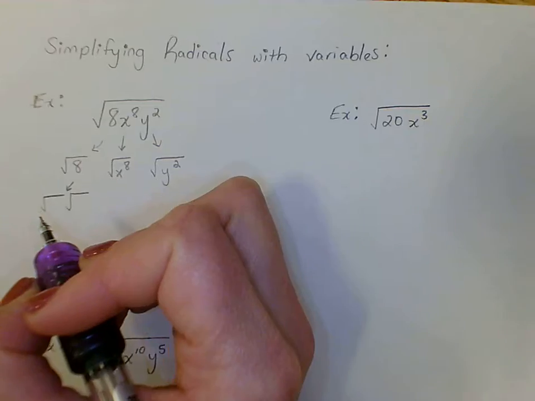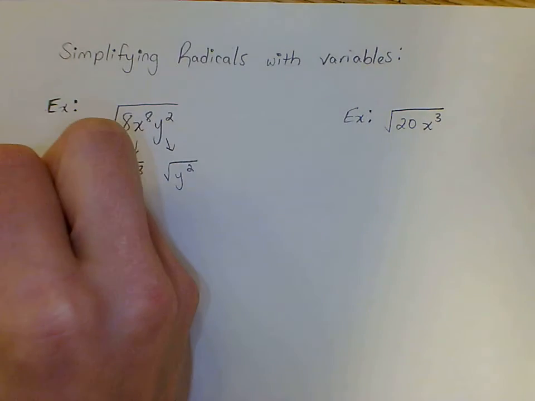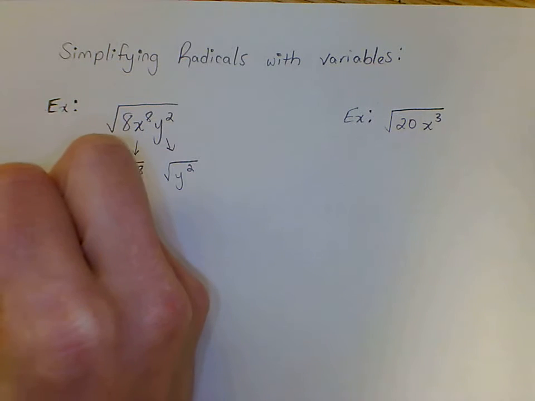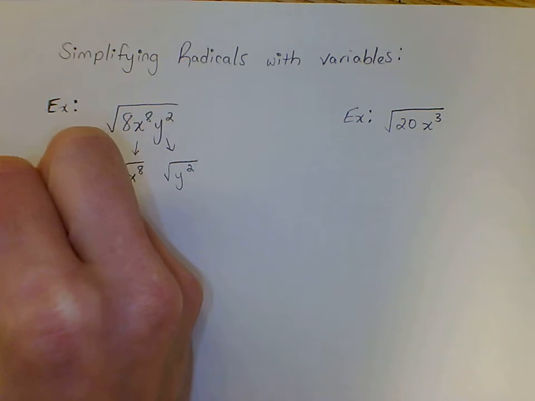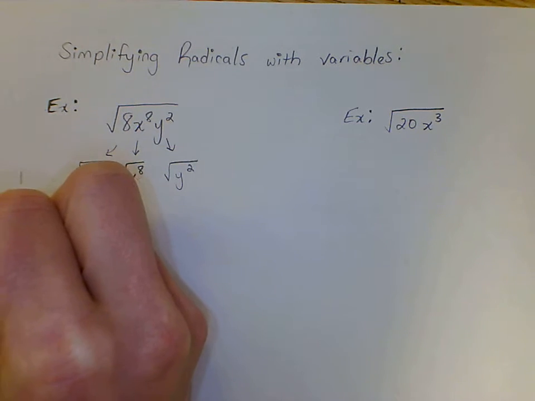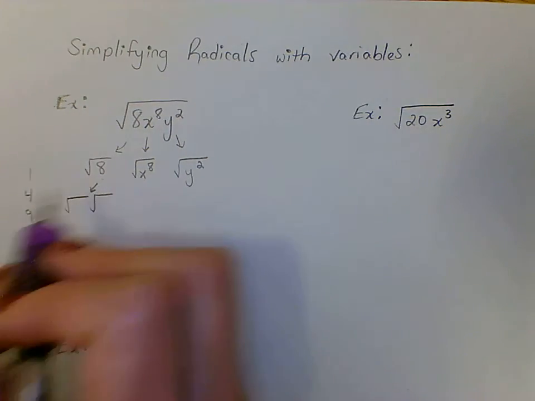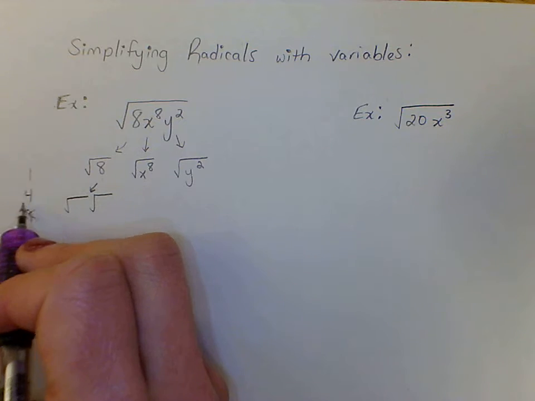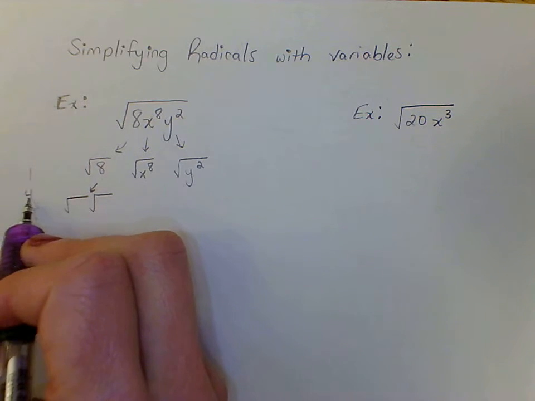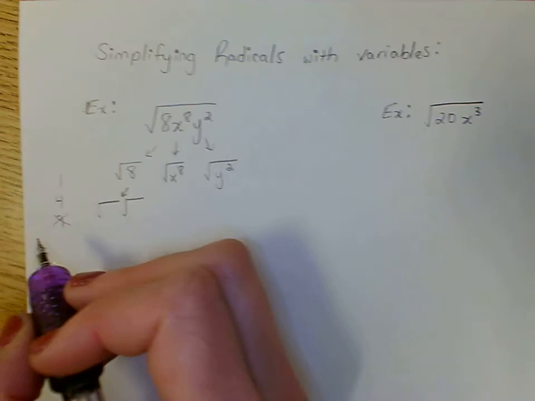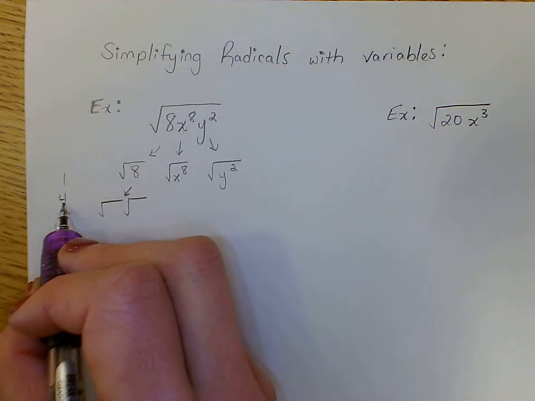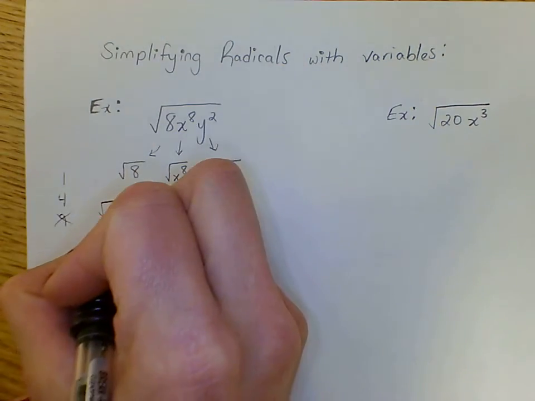So if you needed to go to the side and write those out, you have 1 squared, which is 1, 2 squared, which is 4, 3 squared, which is 9. And then remember, once you get bigger than the number under the radical, you know you don't have to go any more. So out of these, what is the biggest perfect square that goes into it? And notice 4 is the biggest perfect square that goes into it.